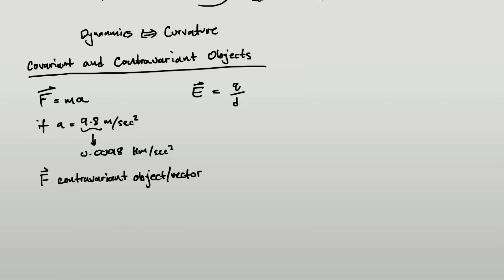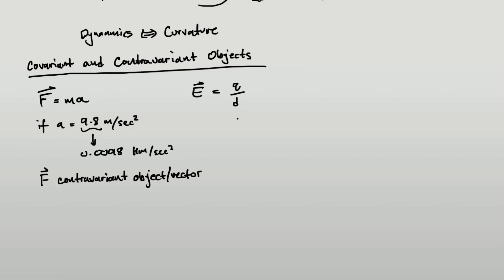And so that's to say that it translates contravariantly, or oppositely, than how the basis is translated. The basis is translated from meters to kilometers, whereas the components of the force vector decrease, right, from 9.8 to 0.0098.